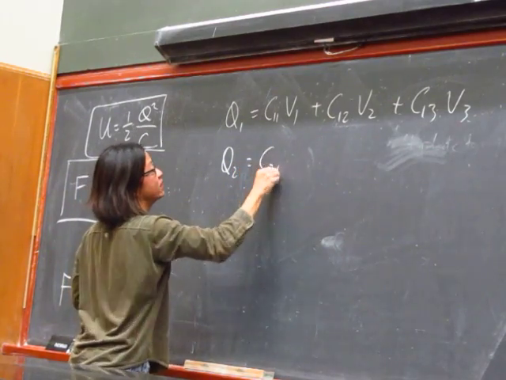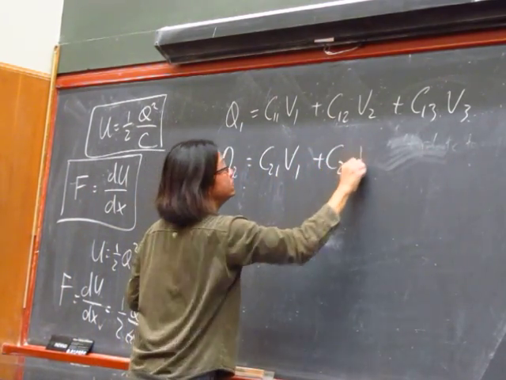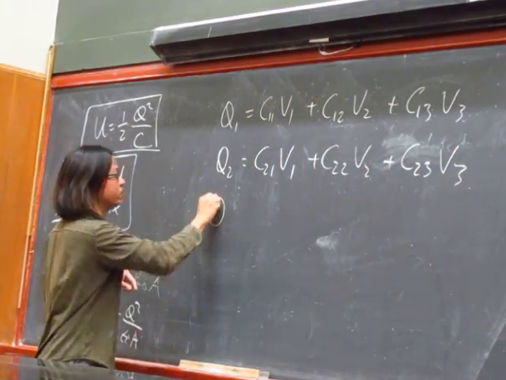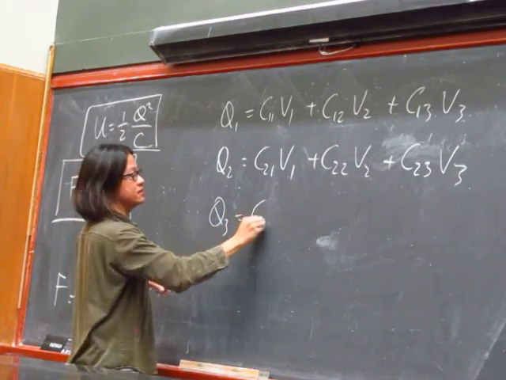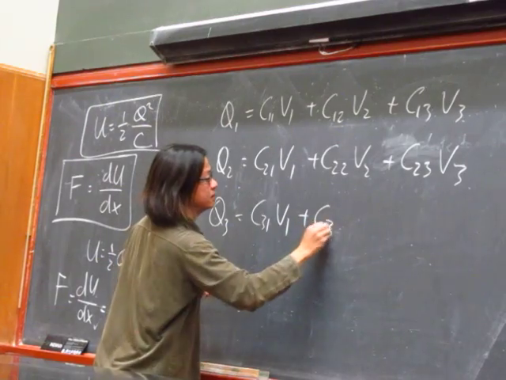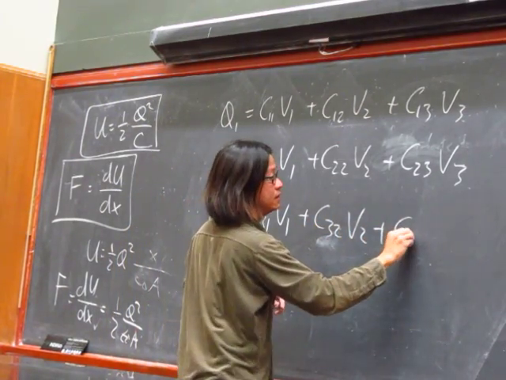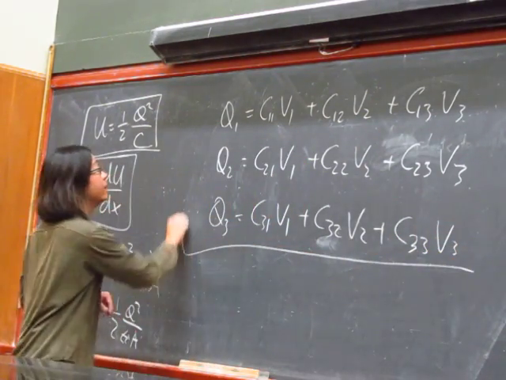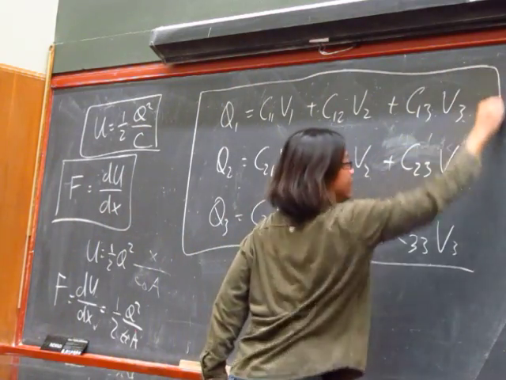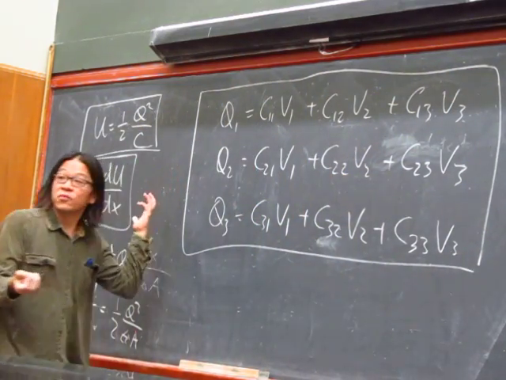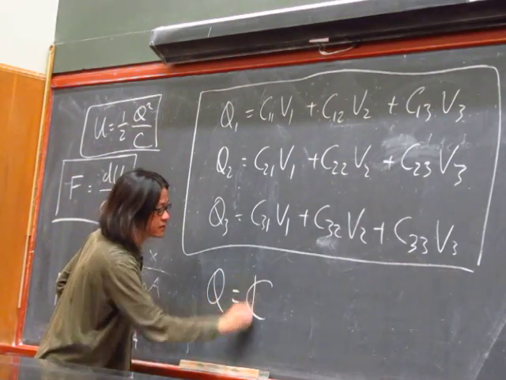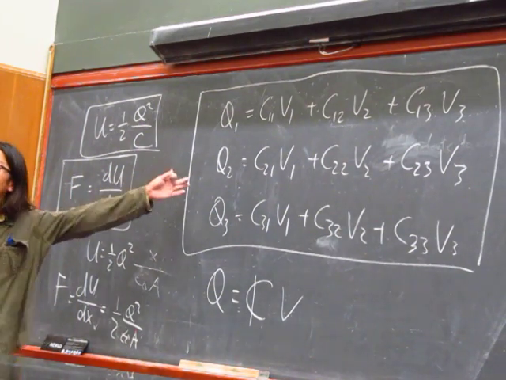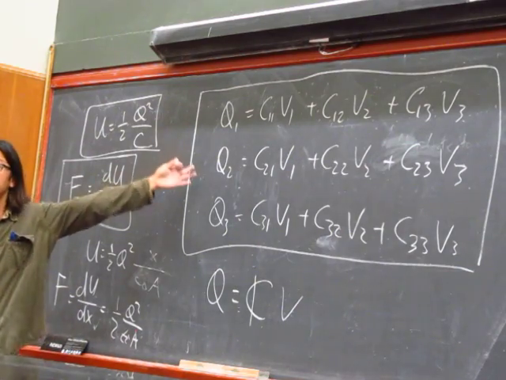Q2 is equal to C21 V1 plus C22 V2 plus C23 V3. Q3 is equal to C31 V1 plus C32 V2 plus C33 V3. This is the equation. You can think of it as a matrix if you want: Q is equal to matrix C times V. This is how you analyze a system like this with 3 conductors. You can generalize this to n conductors.